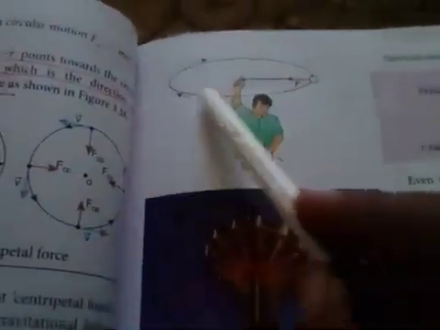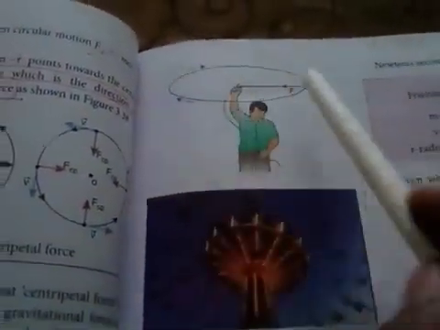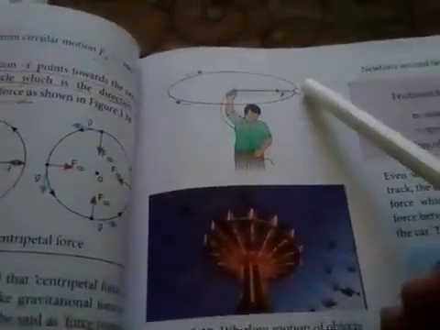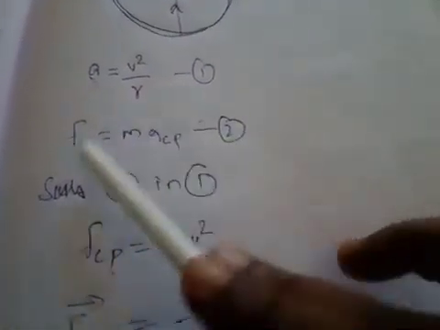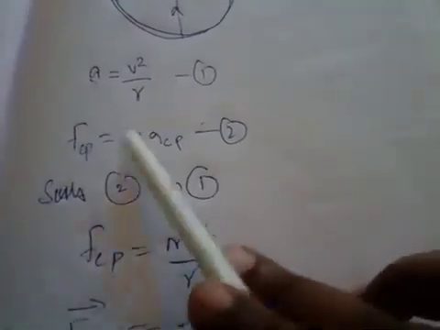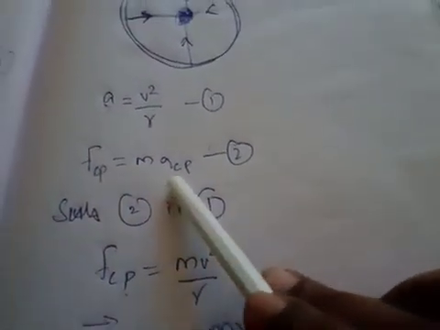So centripetal force means what? Whenever there is a circular motion, there is an inward force which is acting towards the center. That is what we are saying, centripetal force. And if you have seen the equation, the centripetal force equation is derived from Newton's second law, F equal to ma, and we know what this a is: centripetal acceleration.